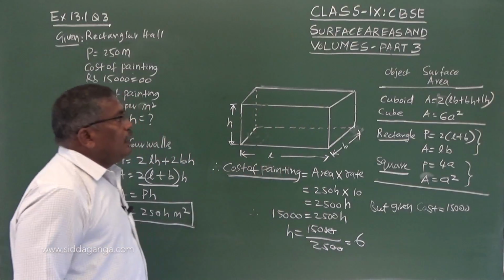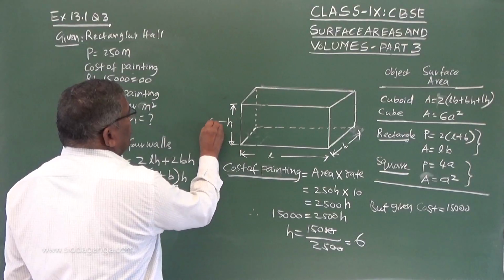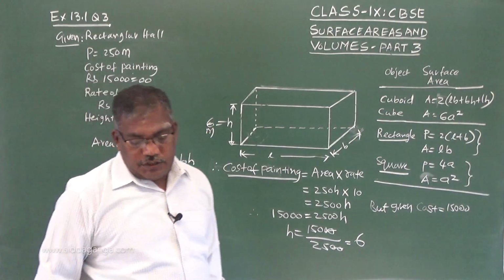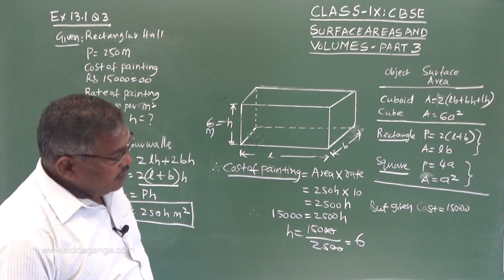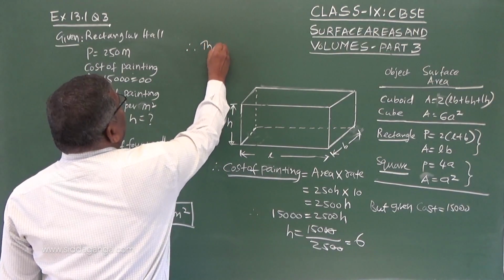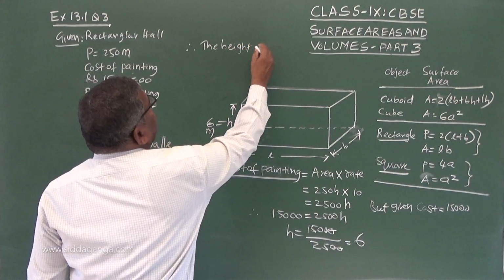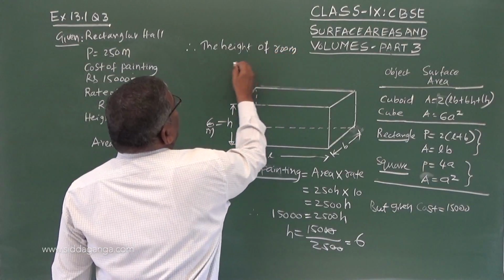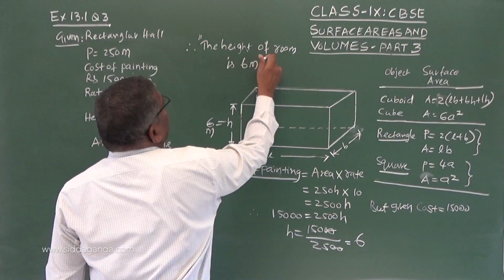Therefore the height of the room is 6 meters. You can write: the height of the room is 6 meter. This is your concluding answer.